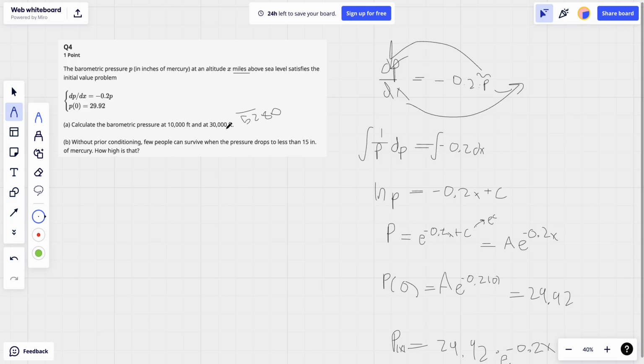So I'm going to quickly write those right above. 10,000 feet is roughly equal to 1.89 miles, and 30,000 feet is equal to 5.68 miles.